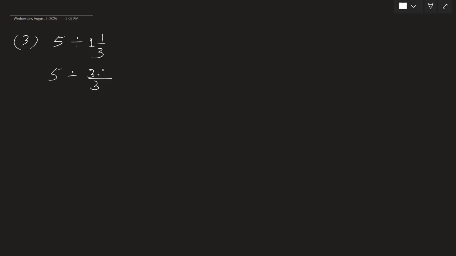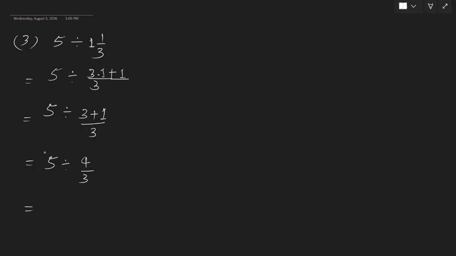So 3 times 1, plus we add this 1, which is the numerator. So 5 divided by 3 times 1 gives us 3 plus 1 over 3. So 5 divided by 3 plus 1 gives us 4 over 3.